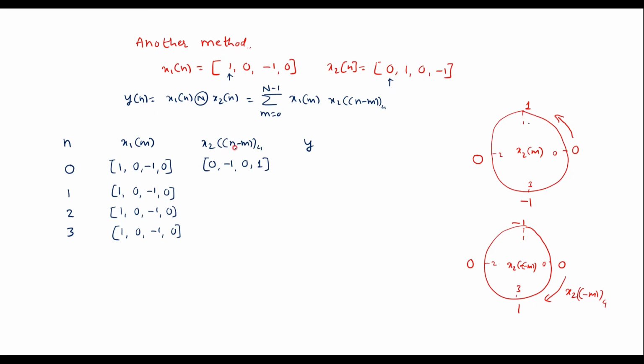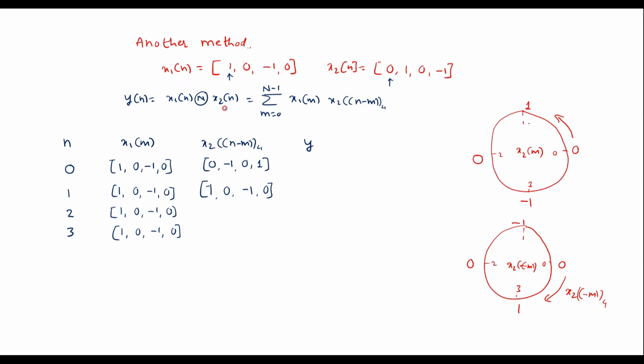It means x2 of 1 minus m is nothing but the x2 of minus m sequence shifted by 1 unit towards right. If I shift this towards right, this sample will occupy here and all these samples will be shifted by 1 unit towards right, so this sample is represented here, and this will be shifted: 1, 0, -1, and this will be 0.